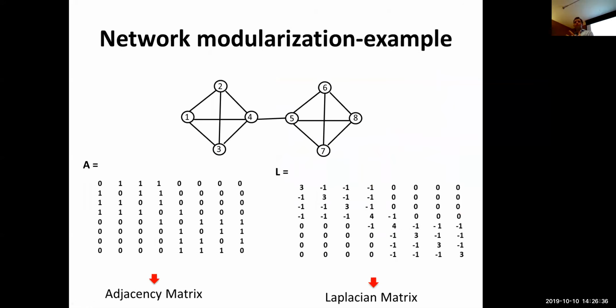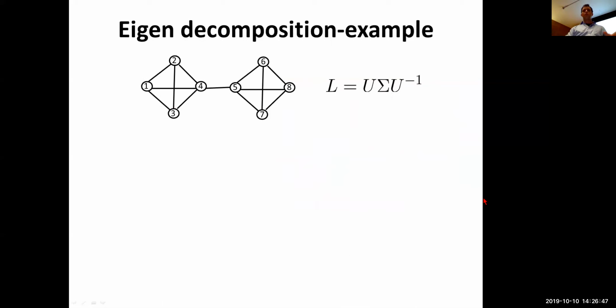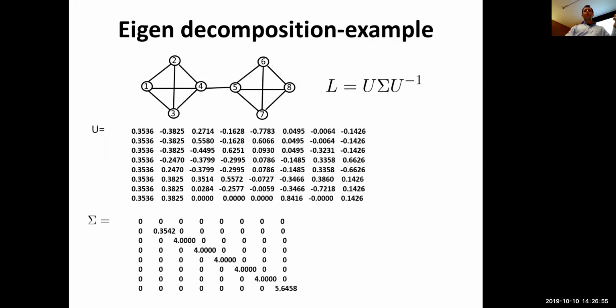But here's what really makes it extremely powerful. If I have the Laplacian matrix for this, again, on the diagonals I have the degree, and the off-diagonals tell me where this degree is spread to, and I can effectively take the eigen decomposition of my Laplacian. And what that does is that it will create a 0 eigenvalue for the first one.